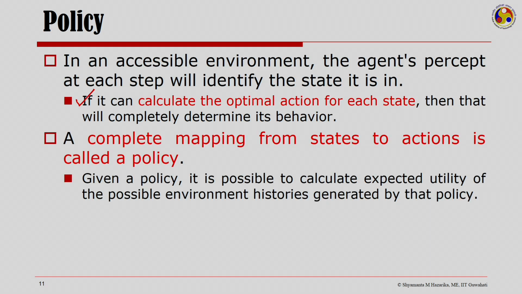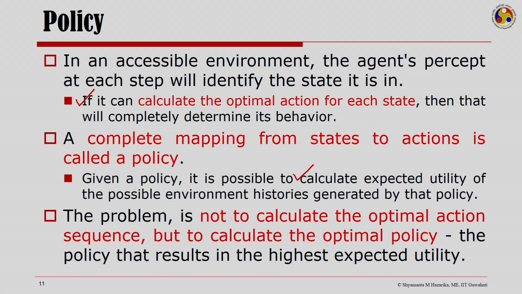A complete mapping from the states to actions is what I need, and this is called a policy. So, given a policy, it is possible to calculate the expected utility of the possible environment histories generated by that policy. And the problem is therefore not to calculate the optimal action sequence.